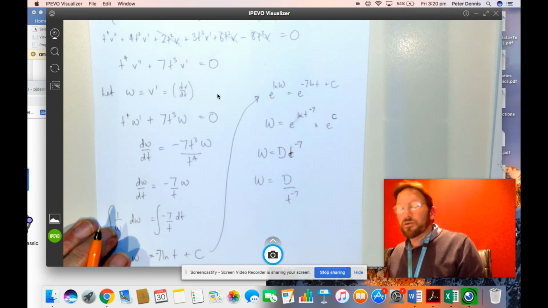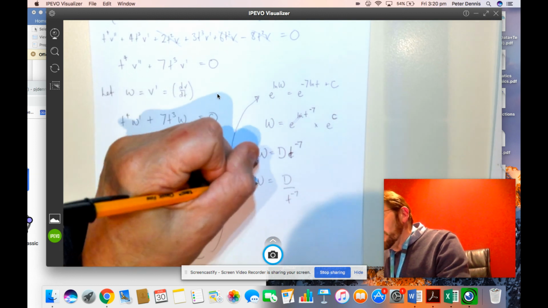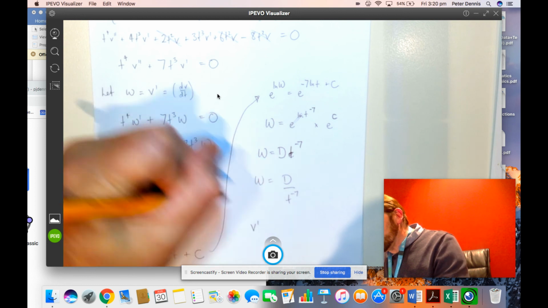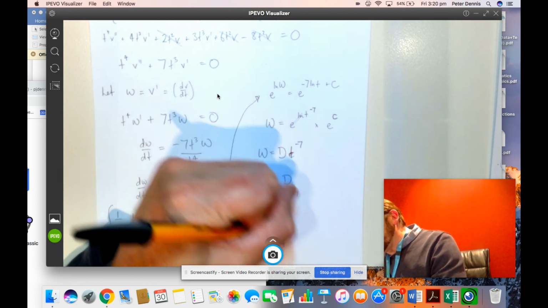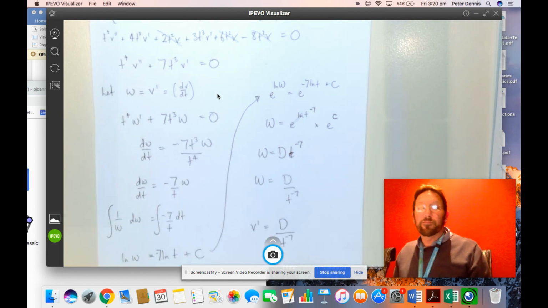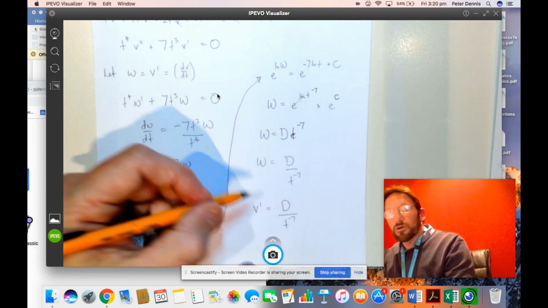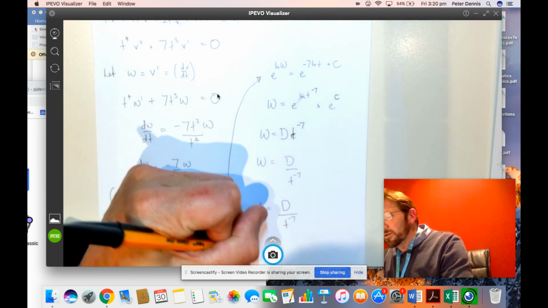I may have to do a part 2 on this, but remember this is just v dash equals d over t to the 7. Then we're going to have to do this whole thing again, because remember v dash is dv/dt equals that.